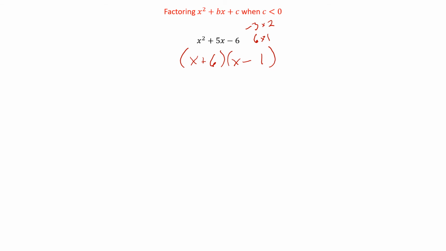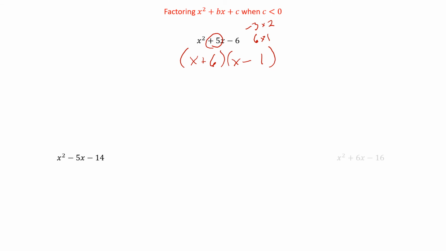Now, the sign here in the middle, the bigger of the two numbers will have that sign. So in this case, it's plus 5. We had a 6 and a 1. The 6 is positive, which means the 1 is negative. If this was x squared minus 5x minus 6, we would have x minus 6 times x plus 1. It just switches where the sign is, and that'll switch the sign of that center thing.